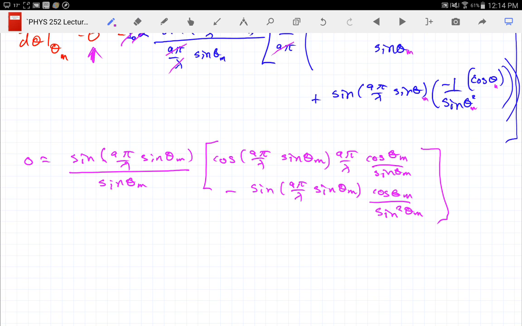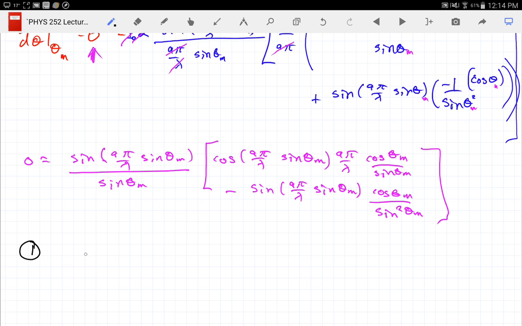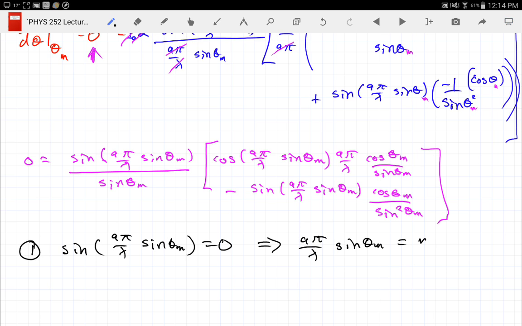Okay, so let's list the conditions that will make this 0. Condition 1, sine of a pi over lambda sine theta m equals 0, which gives me a pi over lambda sine theta m is equal to an integer multiple of pi.